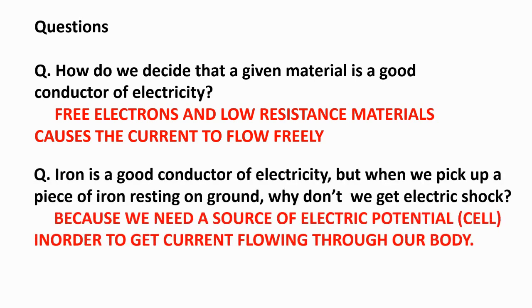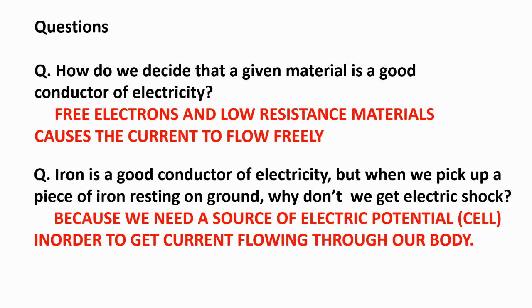The second question is, iron is a good conductor of electricity, but when we pick up a piece of iron resting on the ground, why don't we get an electric shock? Now, as iron is a good conductor of electricity, when it is connected in a circuit, we get a shock. But when I pick up the rod of iron resting on the ground, I don't get a shock.